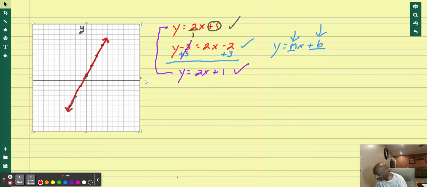Here you're going to see the answer is an infinite number of solutions. You might see an answer written like that, infinite number of solutions. You might see an answer that says many solutions.